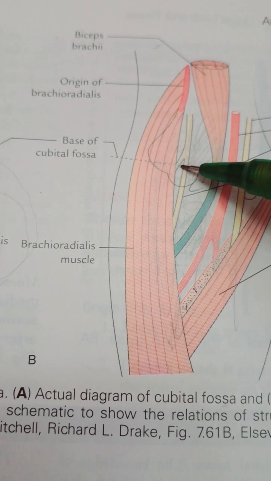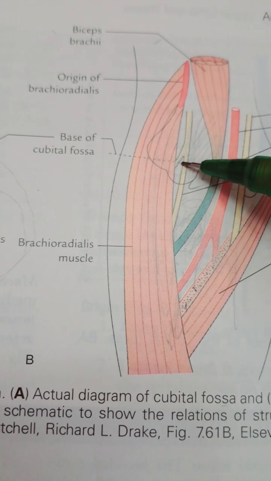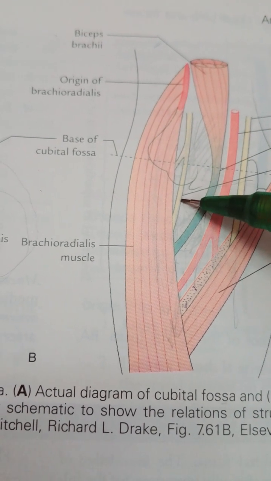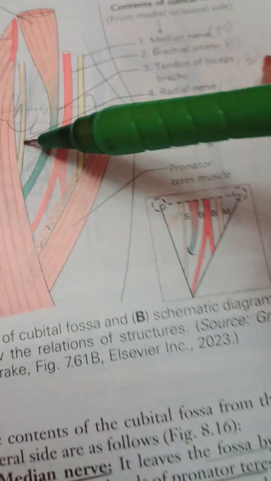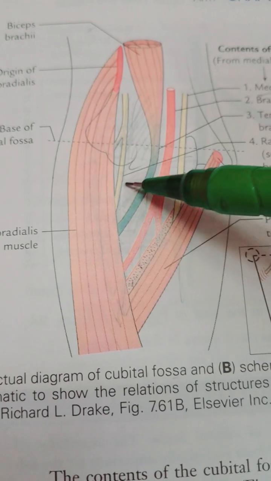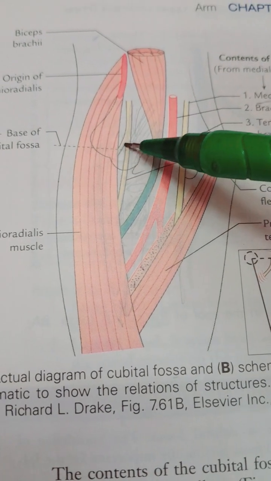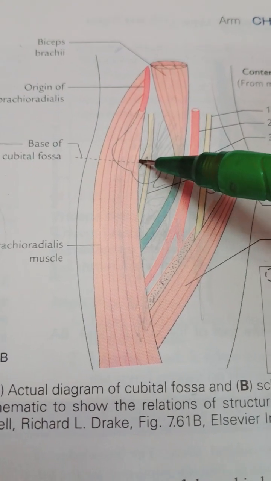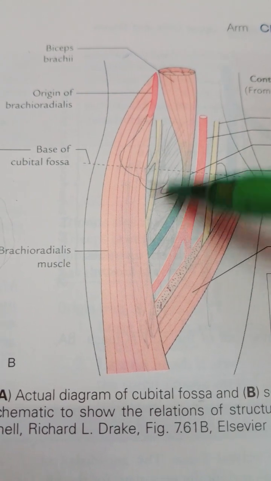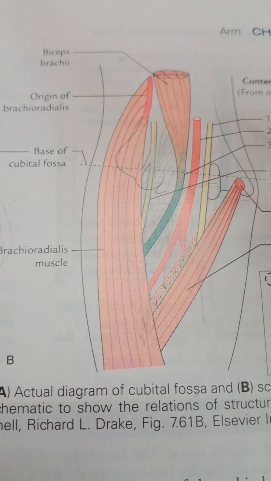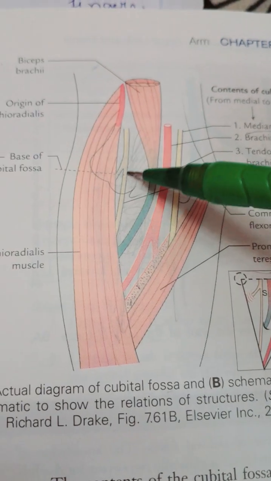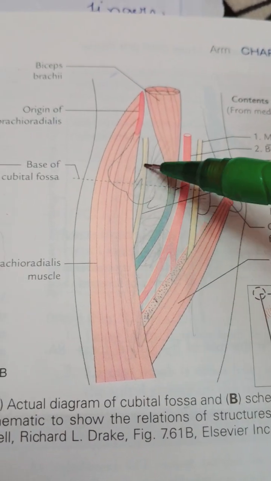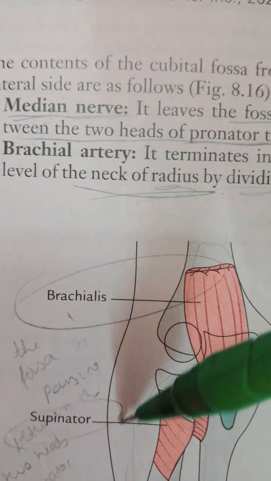Whereas the deep radial nerve is also called the posterior interosseous nerve. It disappears in the substance of the supinator muscle. So this is the superficial branch which passes under cover of brachioradialis, and the deep branch passes under cover of the supinator muscle.